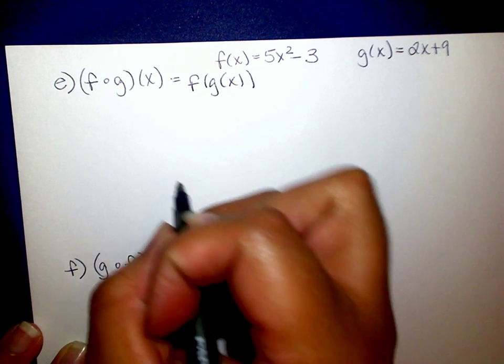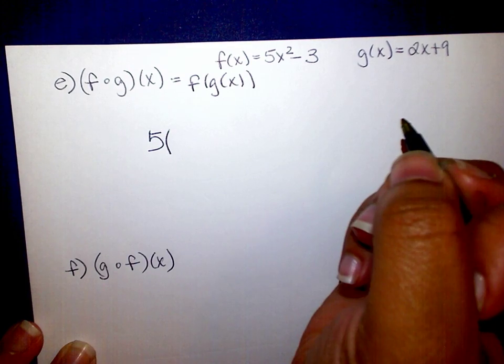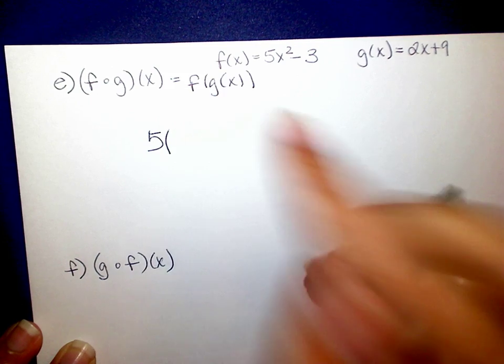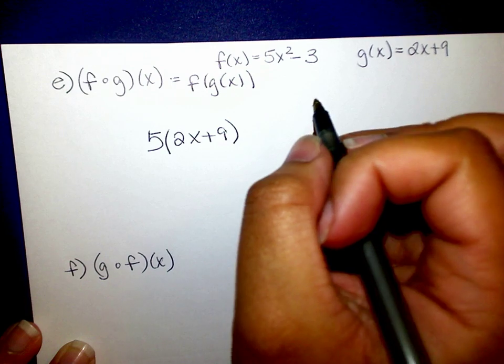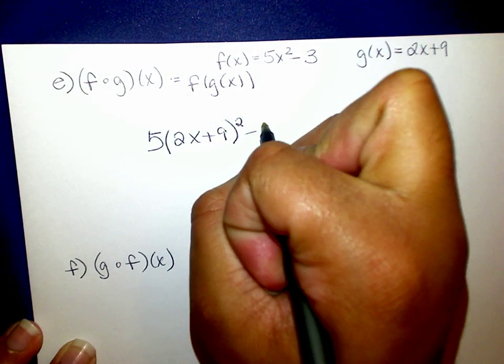Alright, so f is 5x squared minus 3. So wherever we see an x, we're going to put the function g. So 5 times the quantity 2x plus 9 squared minus 3.